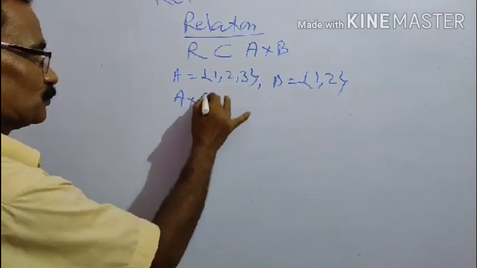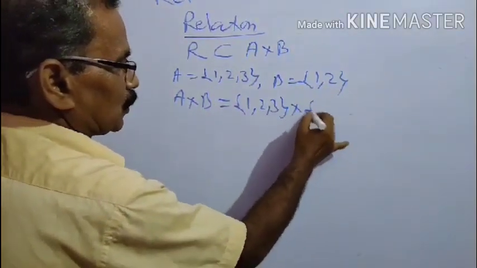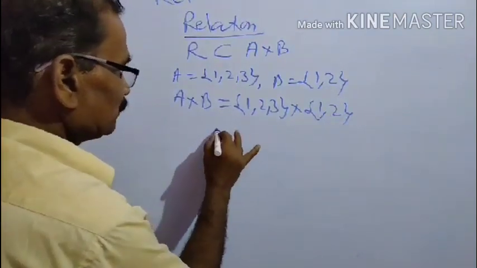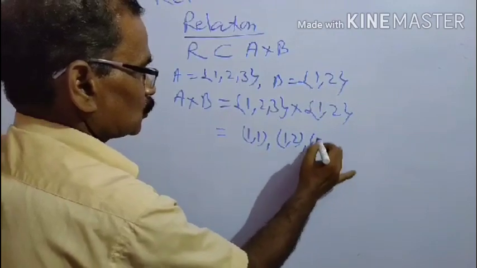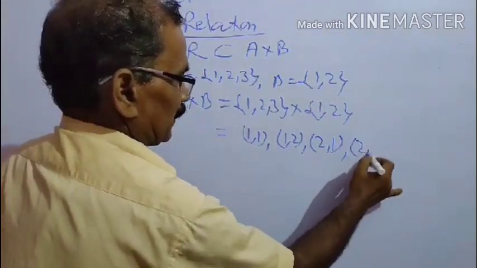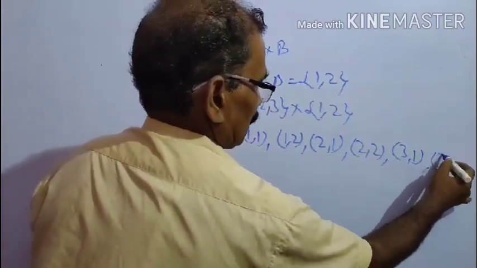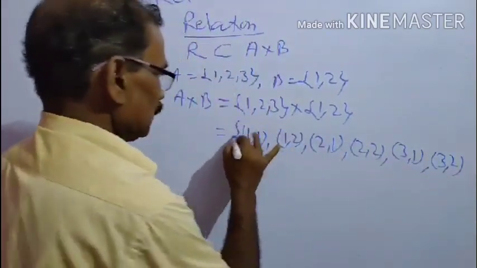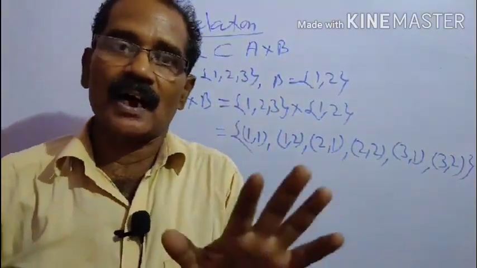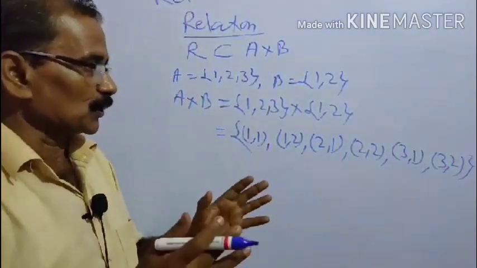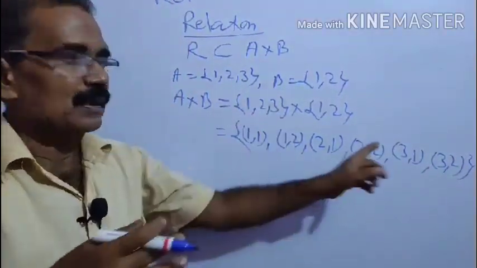Then A cross B means (1,1), (1,2), (2,1), (2,2), (3,1) and (3,2). Since the Cartesian product of two sets is also a set, we keep all the elements within curly brackets.